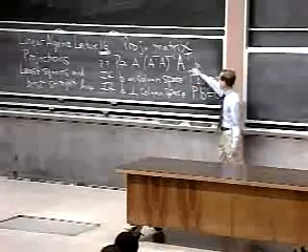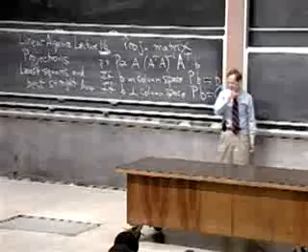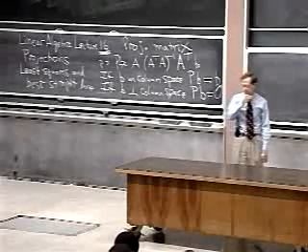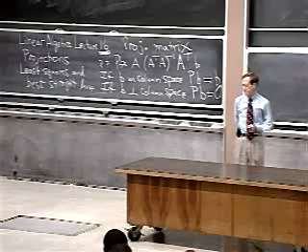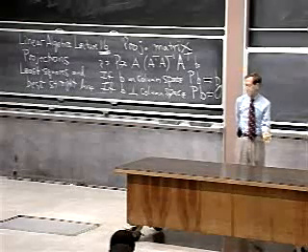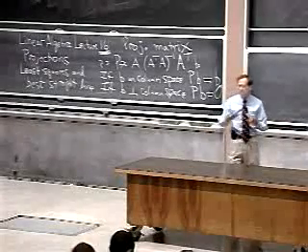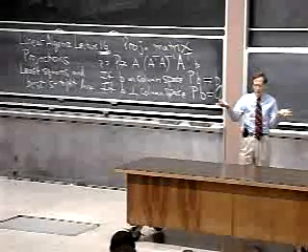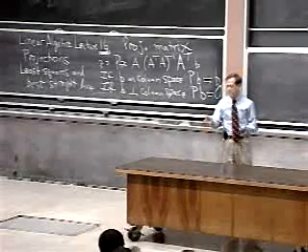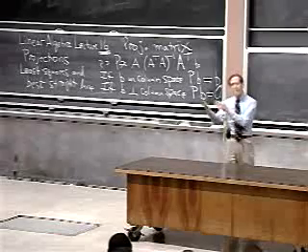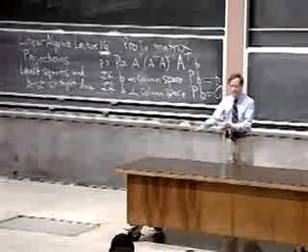Okay, what about the other possibility? How do I see that this formula gives me the right answer if b is in the column space? So what's a typical vector in the column space? It's a combination of the columns. How do I write a combination of the columns? Tell me, how would I write your everyday vector that's in the column space? It would have the form A times some x, right? That's what's in the column space, A times something.